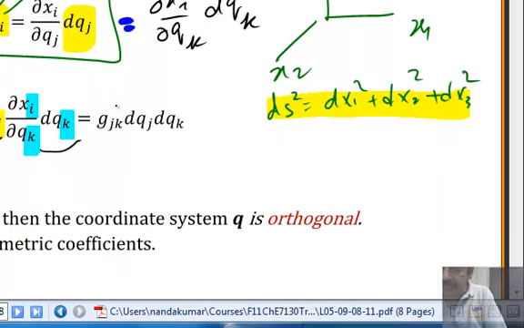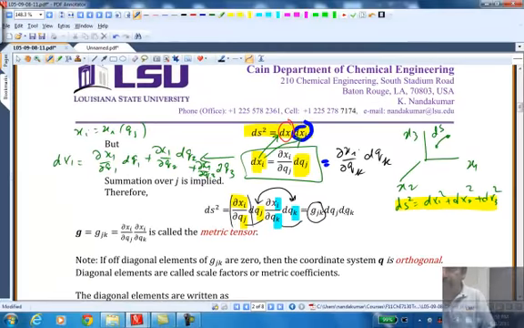So this quantity is rearranged as gjk times dqj dqk. That is, I'm combining these two terms and writing it as dqj dqk, and gjk is what is called a metric tensor. As I've written here, this is dxi/dqj dxi/dqk.